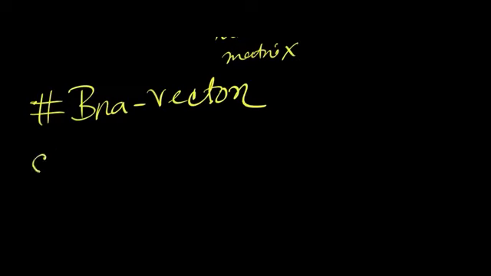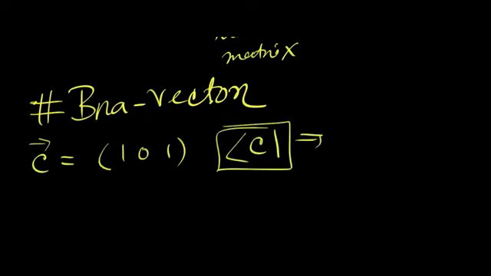So take a row vector called C. Let's write it as 1 0 1, like this, and in the bracket notation this is denoted by this. This is called a bra vector. And when they're together, we'll see very shortly, that will be called a bracket.